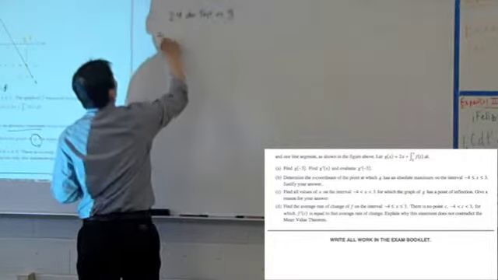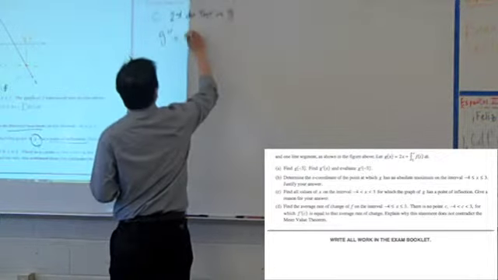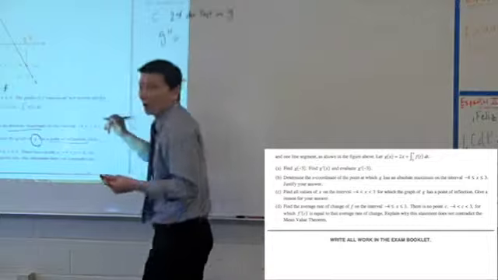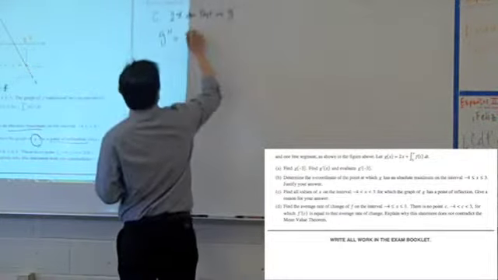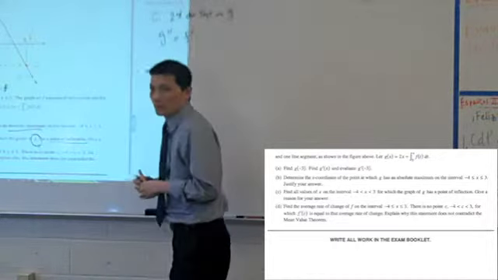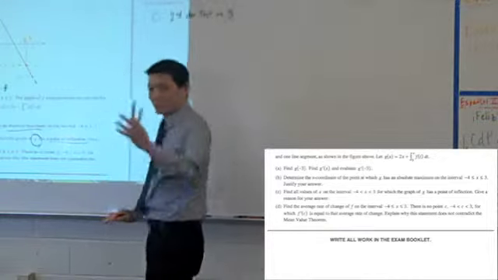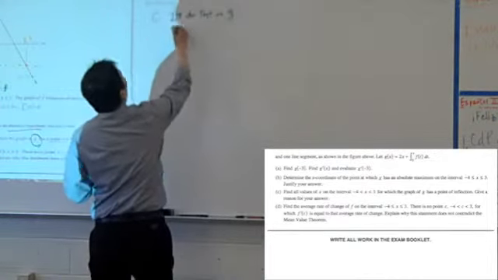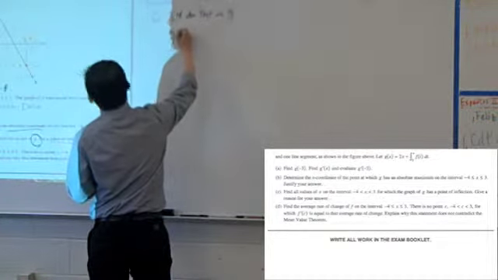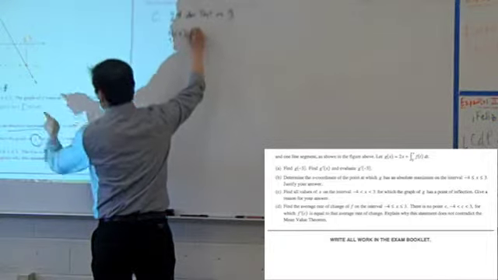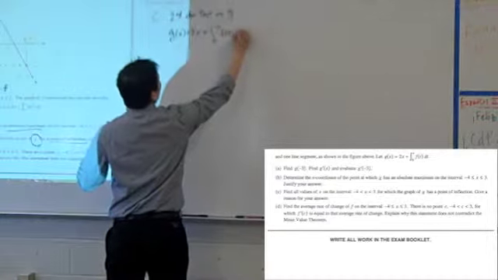So we say g prime, g double prime. But g double prime is equal to the derivative of what is it? It's f prime, right? Wait. No, it's not. Sorry. Let's backtrack again. We say g of x is 2x plus the integral from 0 to x of f of t dt.